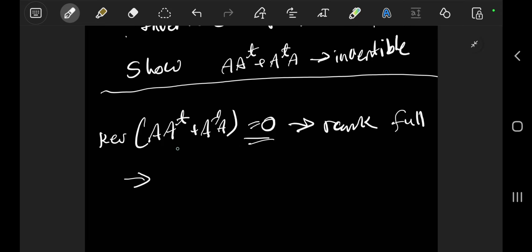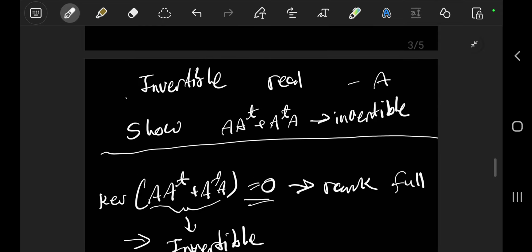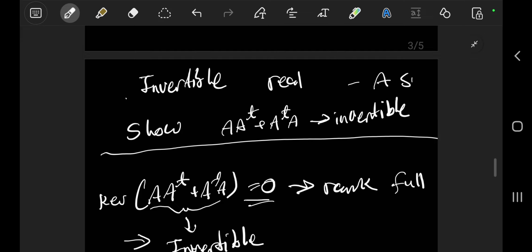This means that this right over here is invertible. And of course, A is square, so this is also square.